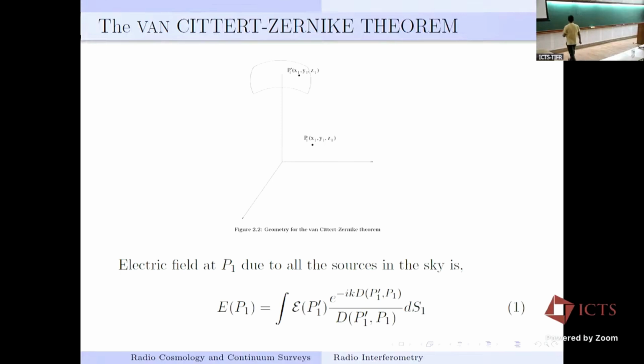And intensity is proportional to E square. Electric field square is basically intensity. So the electric field will go as 1 over R, right? E goes as the square root of I, which is 1 over R.